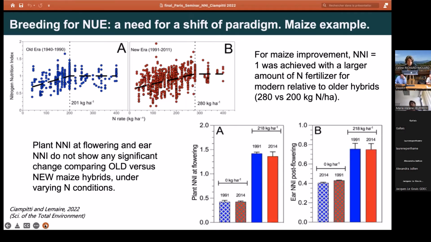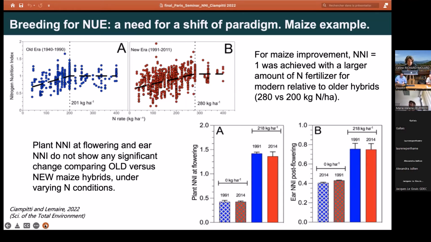Not only that, this was the first time with Gilles, I think, that we put together another data set too, and we were looking at not only that we are increasing the dependency to fertilization, but also there is something very interesting.